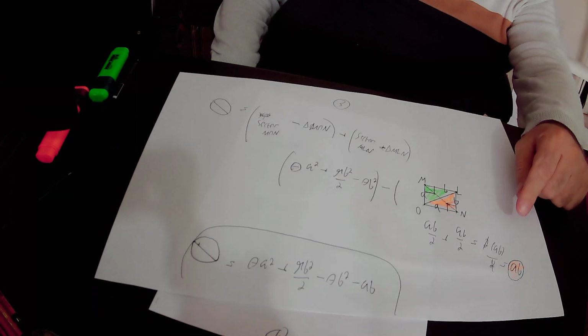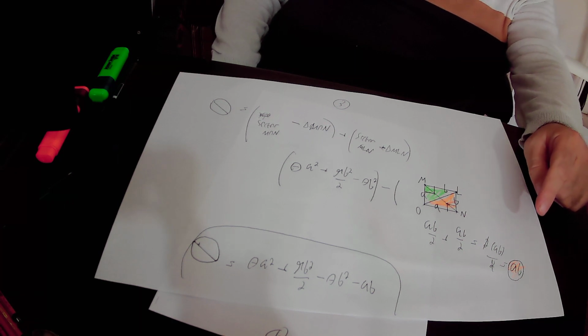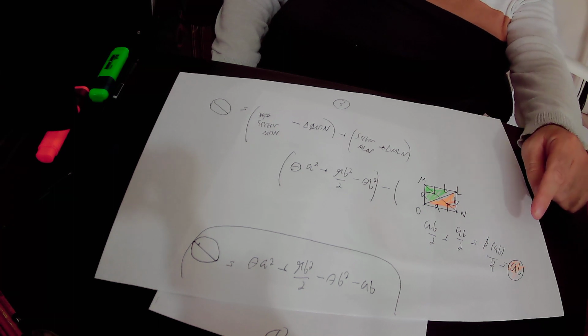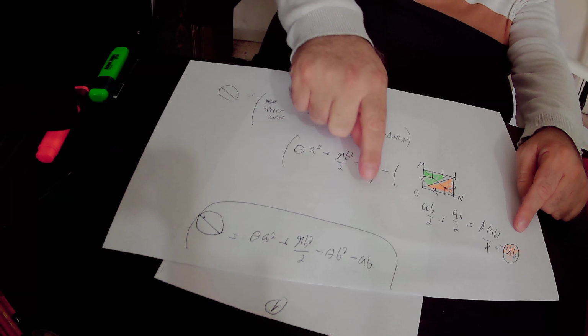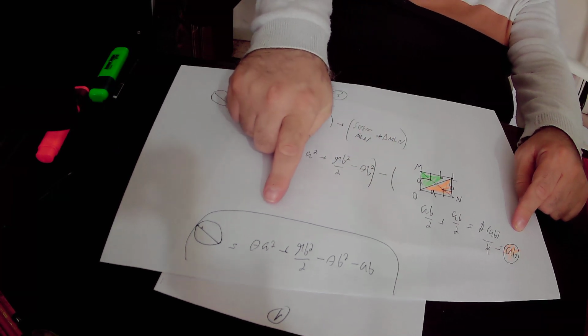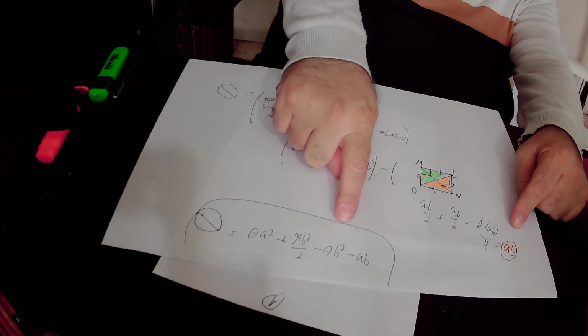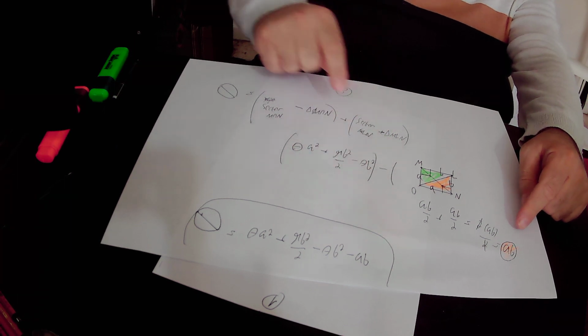That is to say, it is equal to 2 times A times B over 2. We have 2 in the numerator and 2 in the denominator. So in conclusion, the sum of the areas of the two triangles is equal to AB. So now we have to subtract from the area of the two sectors the sum of the areas of the two triangles, that is AB.